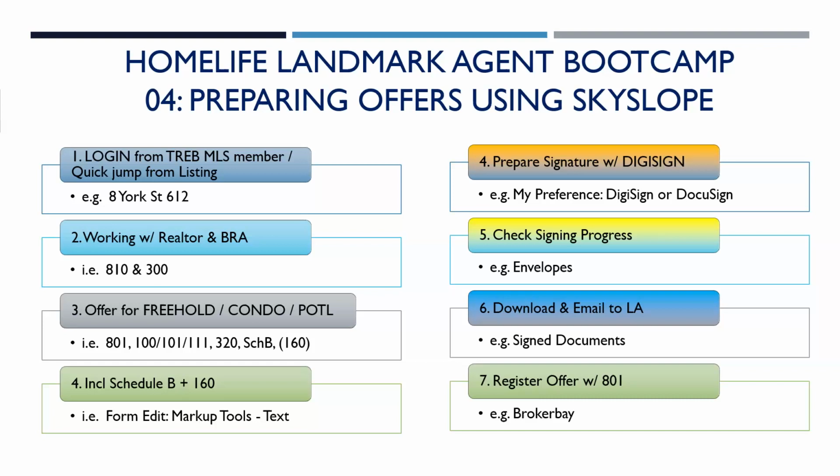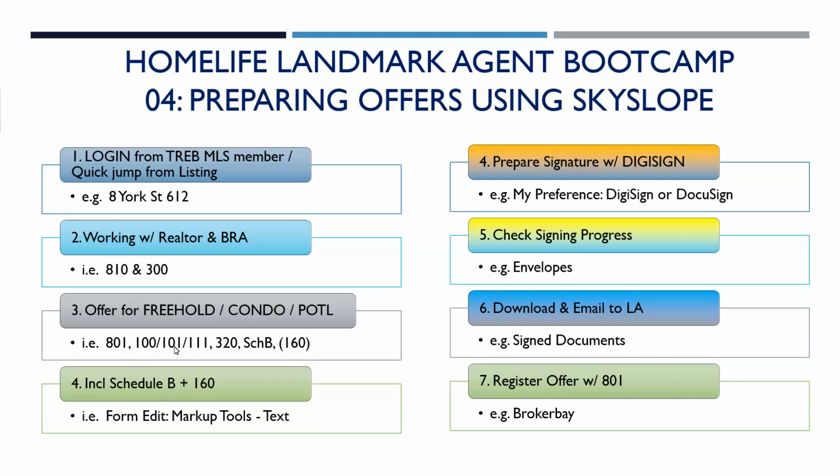Okay, and I'm going to go through the login first, and then the second thing would be how you're going to fill out starting from the 810 and 300. We can probably fill out all together with the view template, and typically it is 5 forms: 810, 300, 801, 100, and it depends on freehold, condo, or the portal, right?